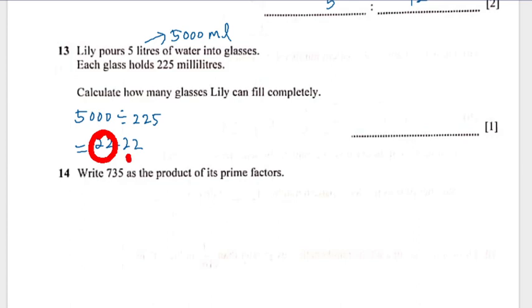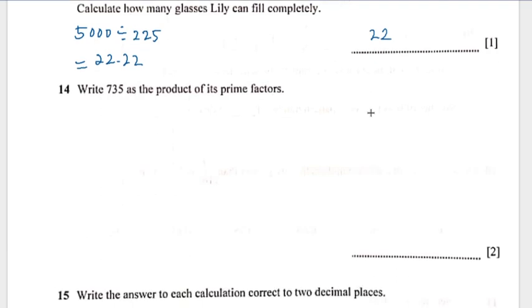The remaining, the 23rd glass, should be just a bit of water like that only. So how many glasses can she fill completely? You should answer 22 only. The last glass only has some here. All right, so here we answer 22.